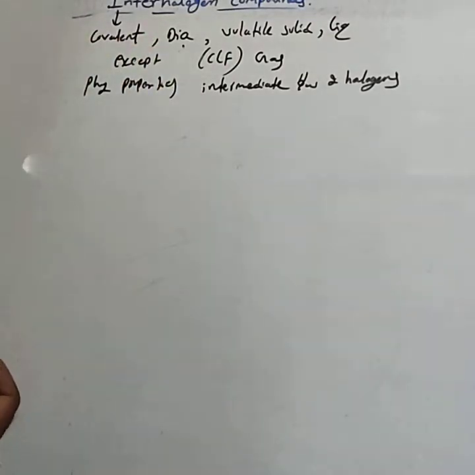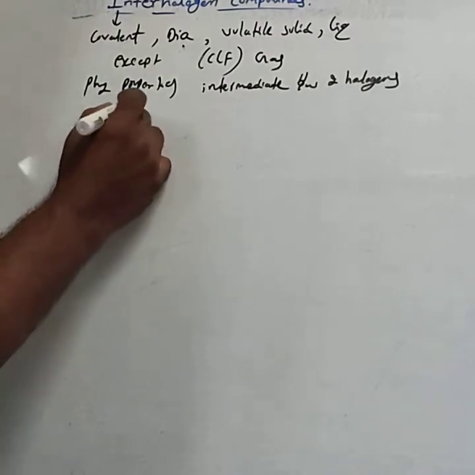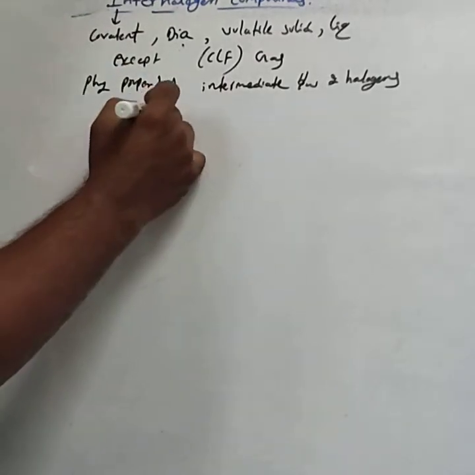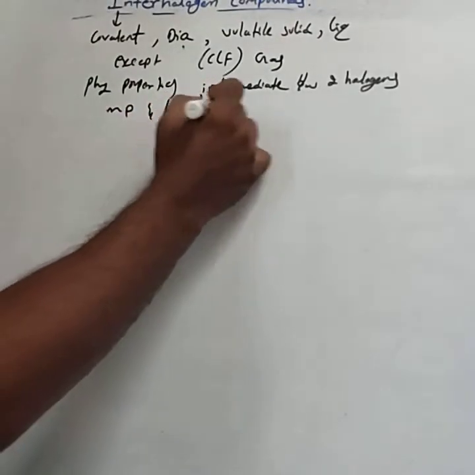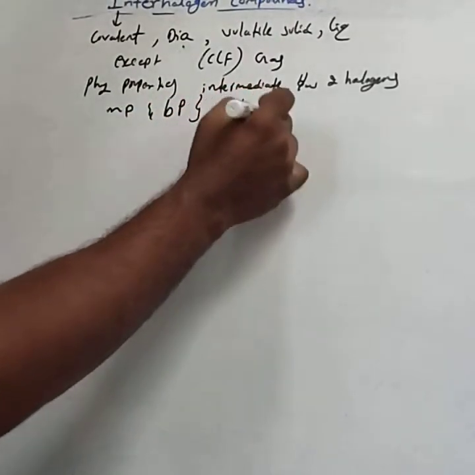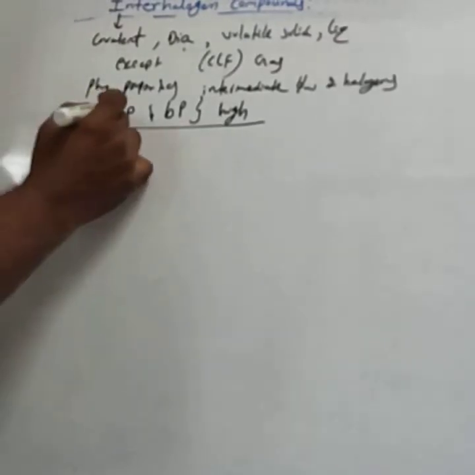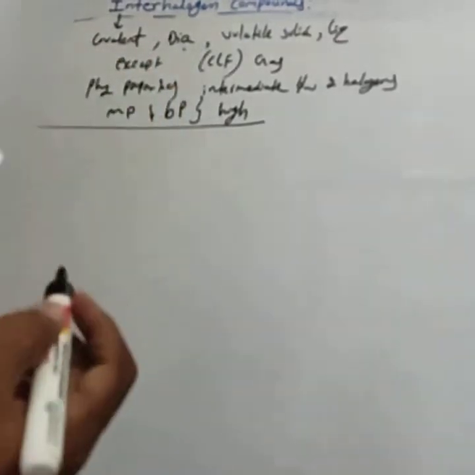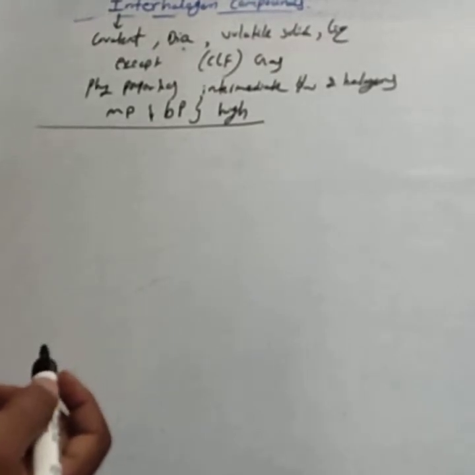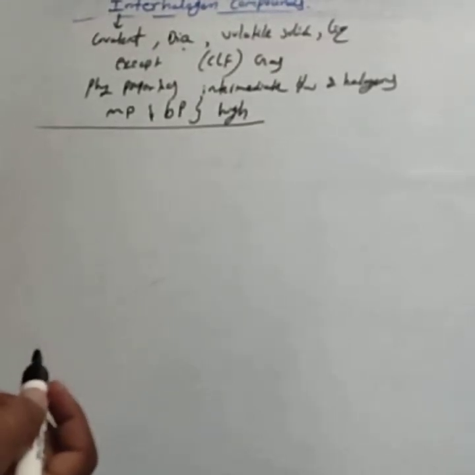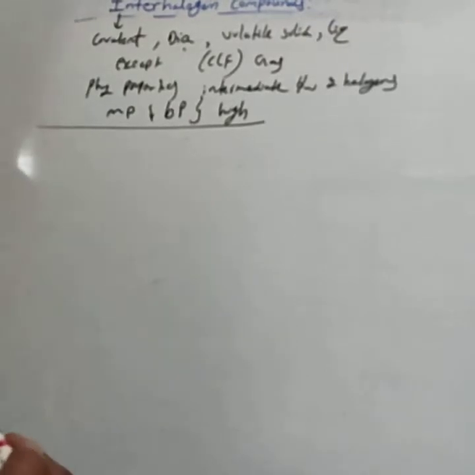Except for the melting point and boiling point, which are very high compared to the expected values, their other physical properties are intermediate between the two halogens.